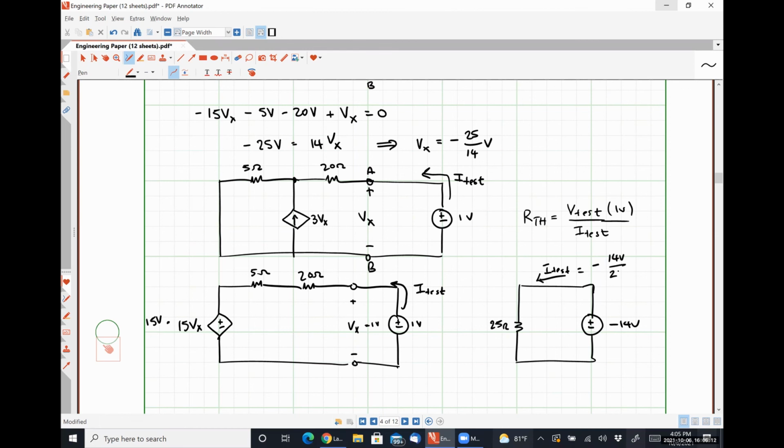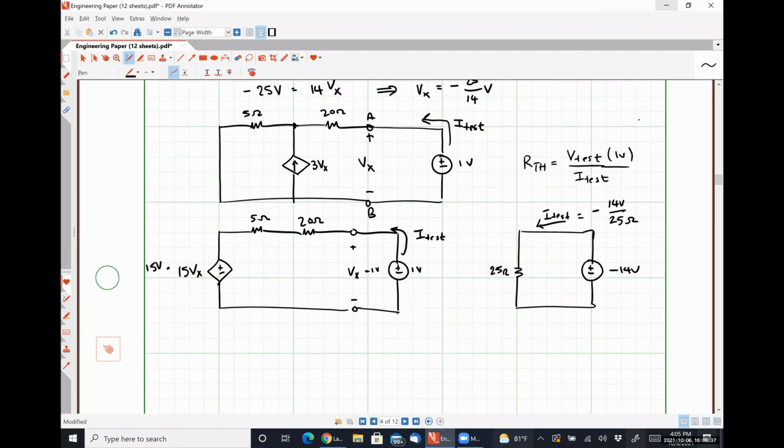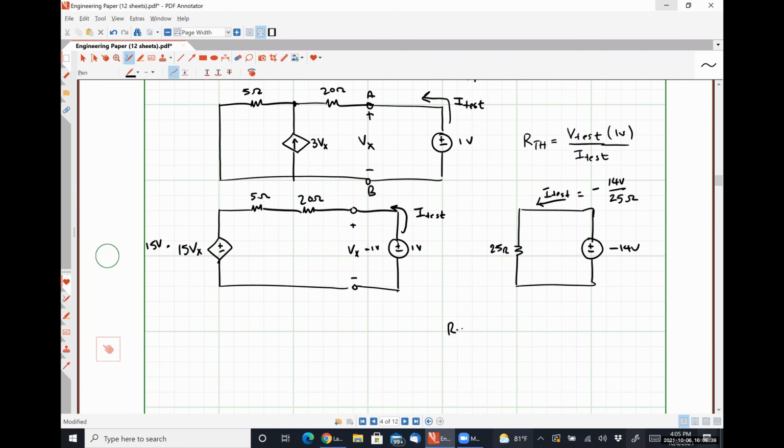Did I get this backwards somehow? Oh, no, I didn't. Negative 14 volts over 25 ohms. So my test voltage 1 divided by negative 14 over 25 gives me that same resistance of negative 25 over 14 ohms.